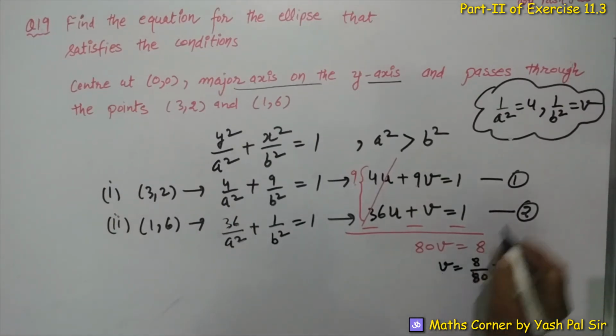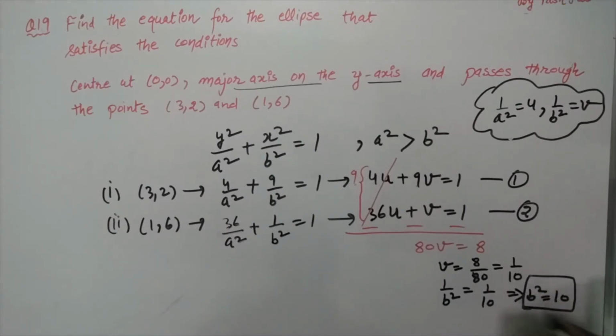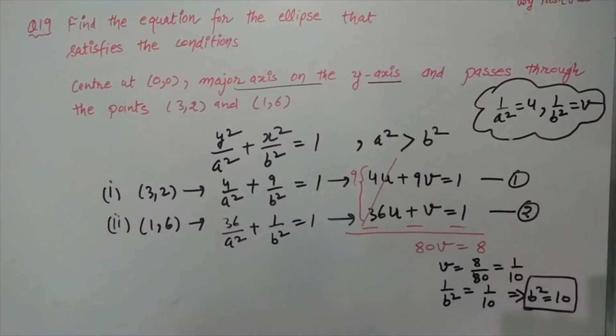So again, what is v? v is 1 upon b square, which is equal to 1 upon 10. So this gives us b square is equal to 10, right? Now we substitute the value of v in any one equation.